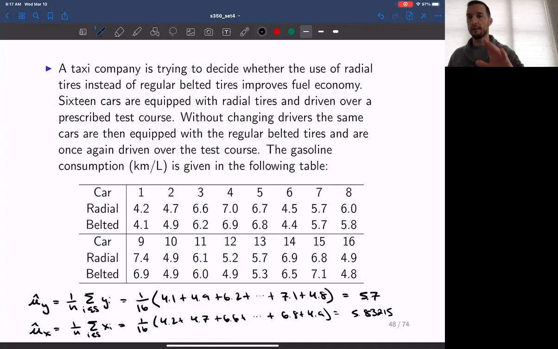All right, so those two calculations just came from finding the means of each variable.